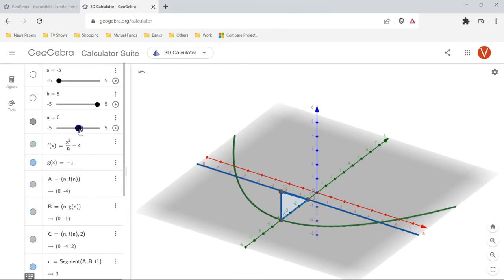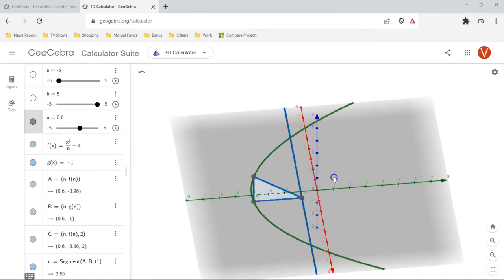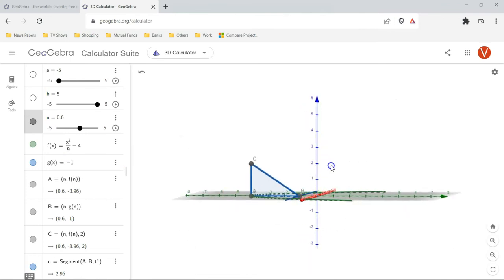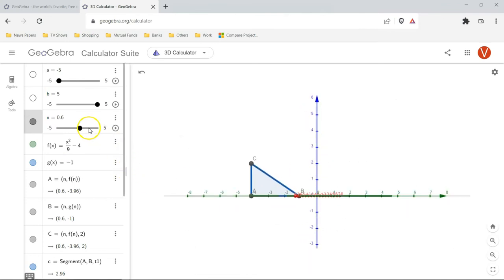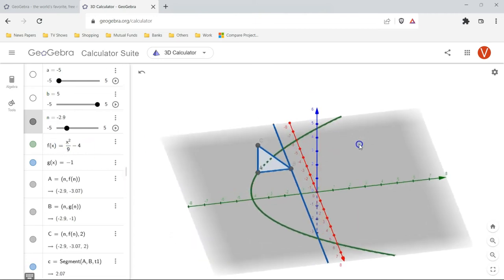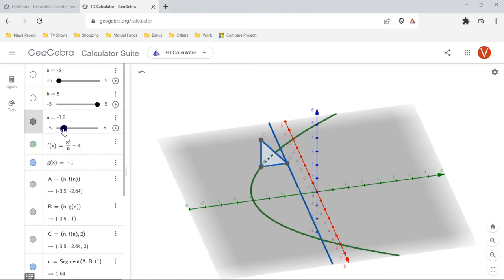Now let's see what happens if I move n. If you position it properly, you will be able to see it much better, right? From different angles, you will have a different understanding.